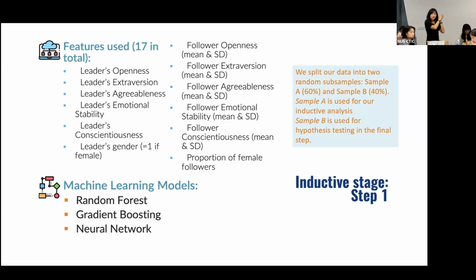Remember, we have the big five personality on the leader and on everyone else in the team. So we have the mean and standard deviation for everyone else in the team, and we have the gender of the leader as well. We also have the proportion of females in the team. This comes from the fact that we know gender is quite important. In the previous regression, we had that as well when we looked at its impact on team performance.